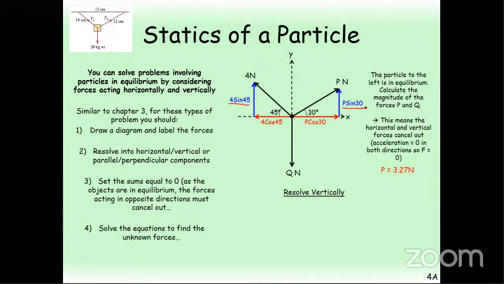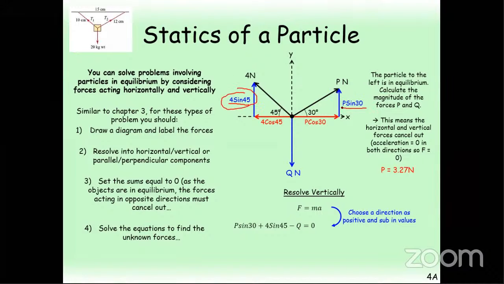We choose the positive direction, so the upper ones, because they are on the positive side, we add them. P sin 30 plus 4 sin 45 minus Q is equal to 0.